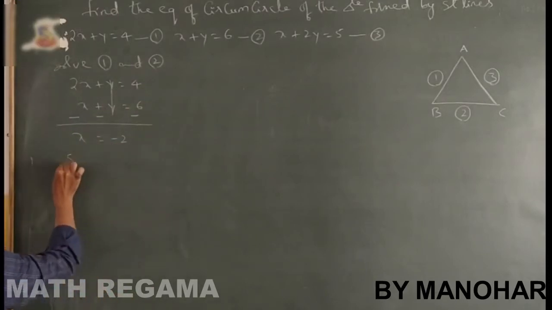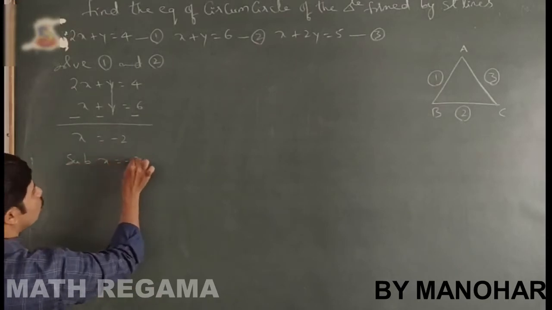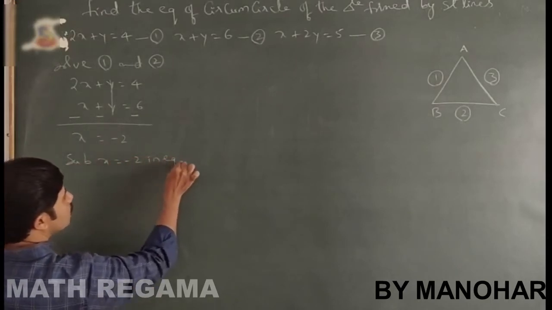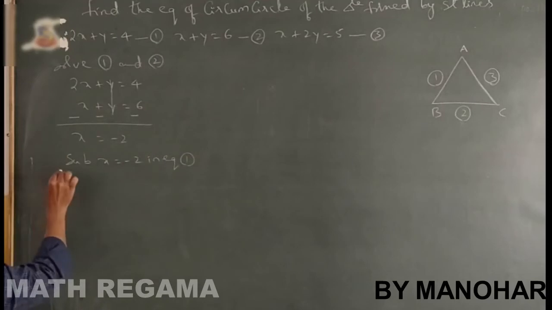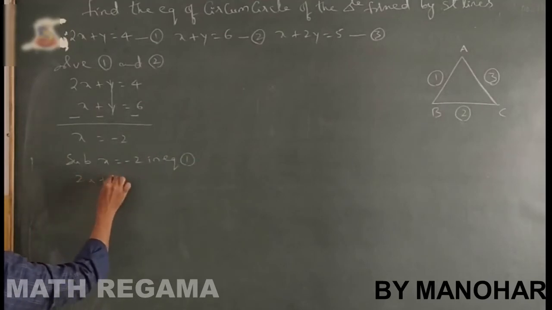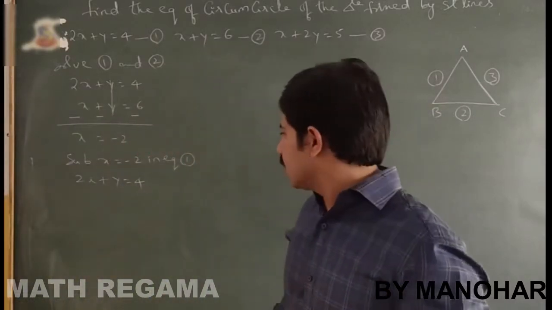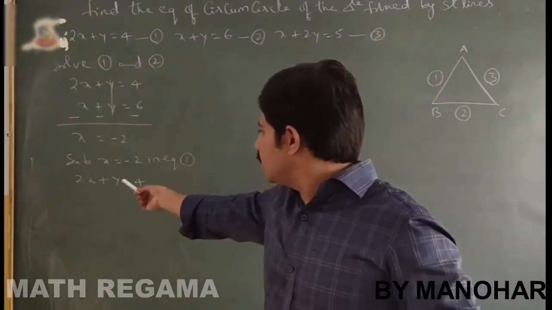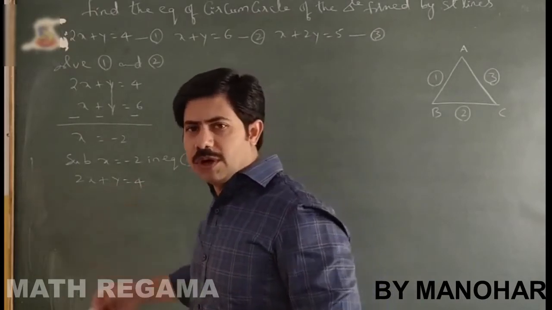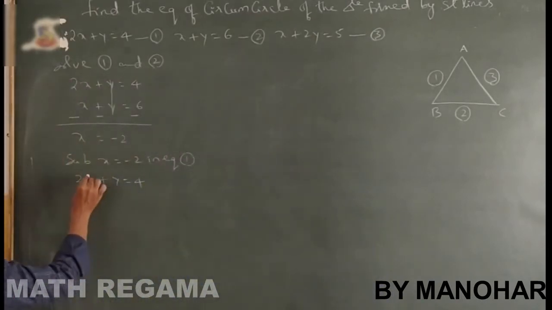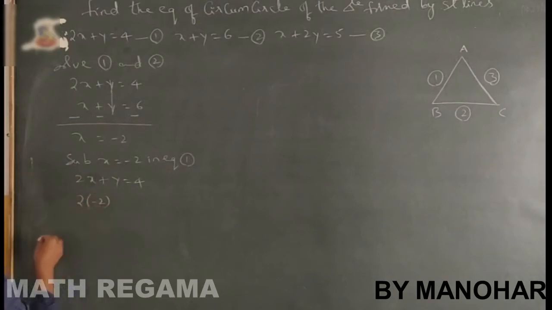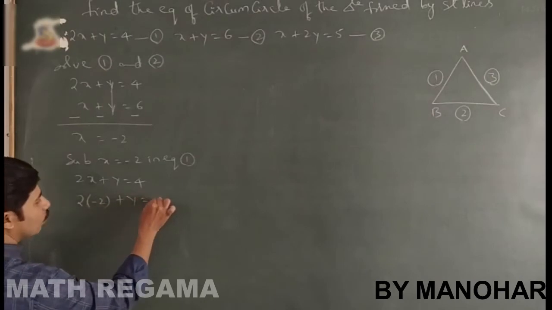So substitute x is equal to minus 2 in equation 1. Equation 1 is 2x plus y is equal to 4. Substituting the x value, 2 into minus 2 plus y is equal to 4.